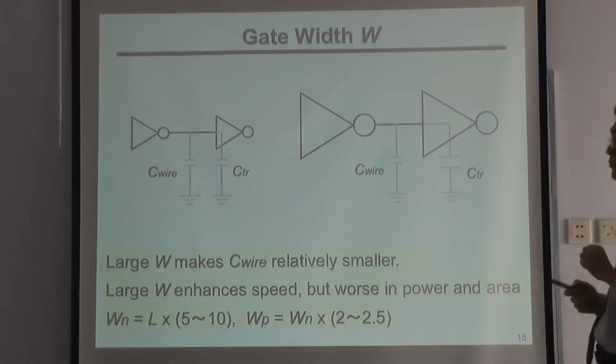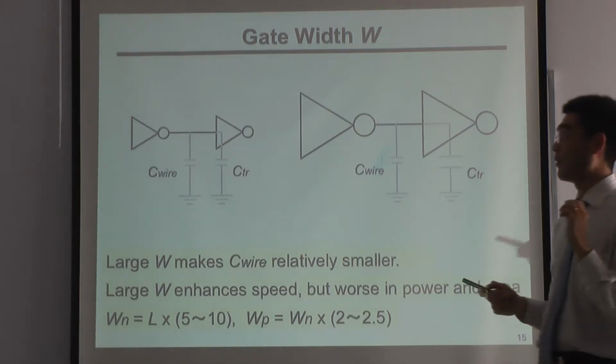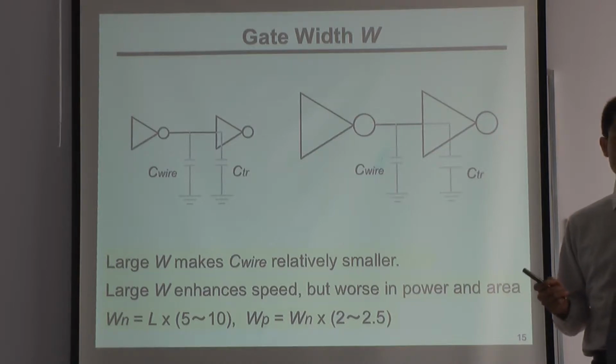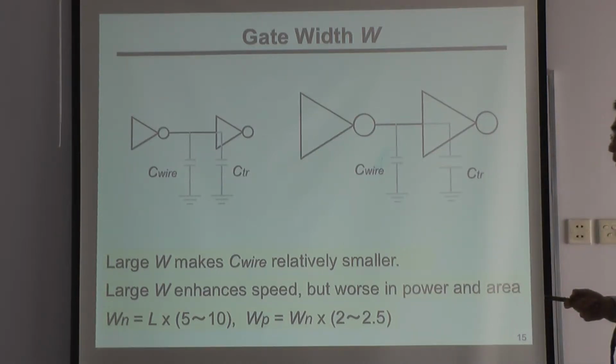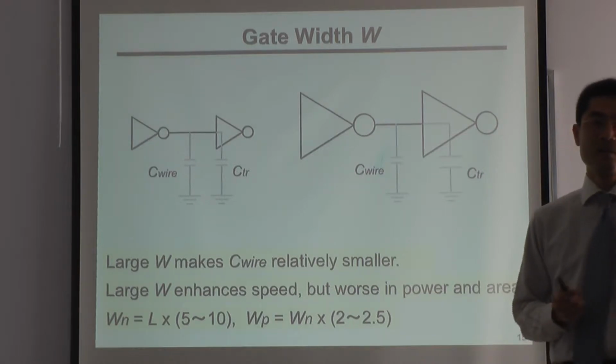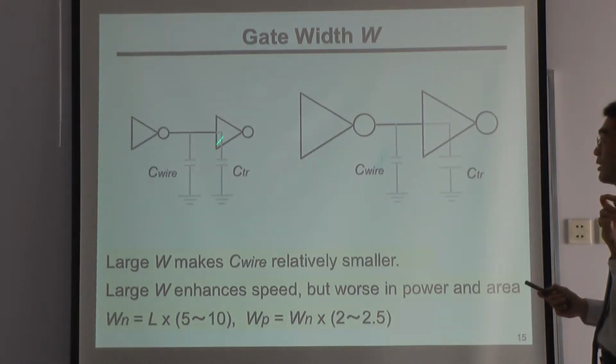So we want smaller C or larger transistors to have high-speed operation. Once we have large W, we have large current, but at the same time we have large input capacitance. So large W does not necessarily mean it's faster, because you will have a large input capacitance.